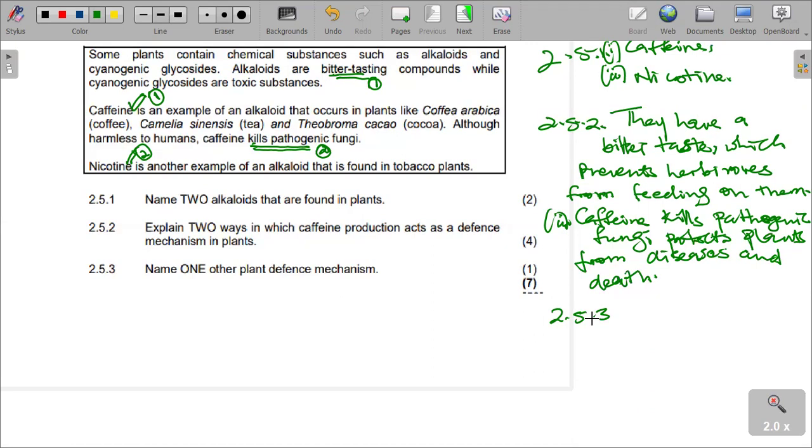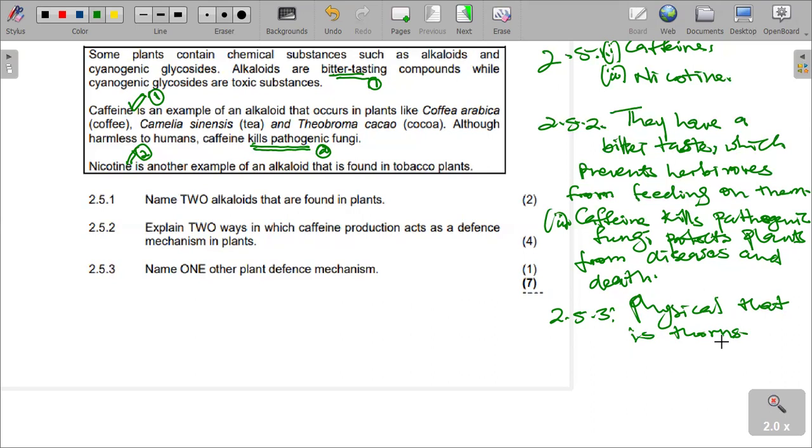So we have the physical defense mechanism, which is thorns. Physical defense, that is thorns.